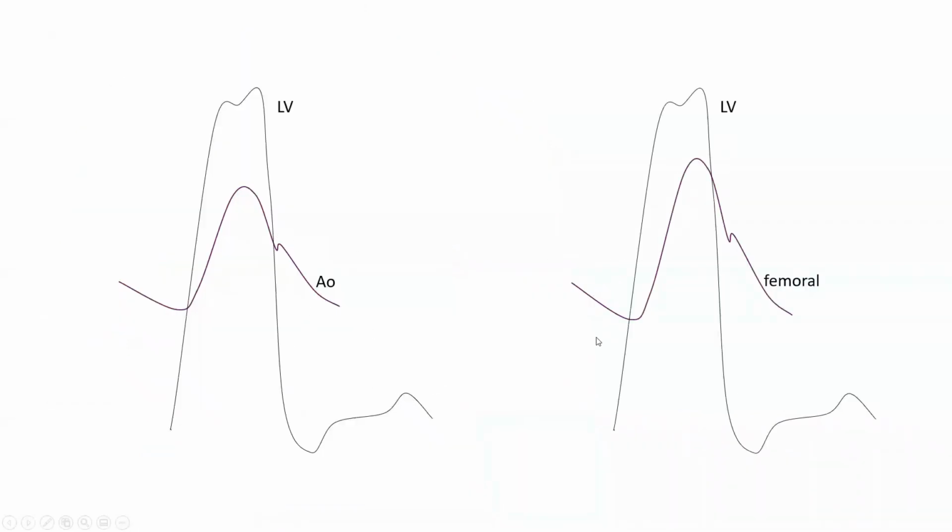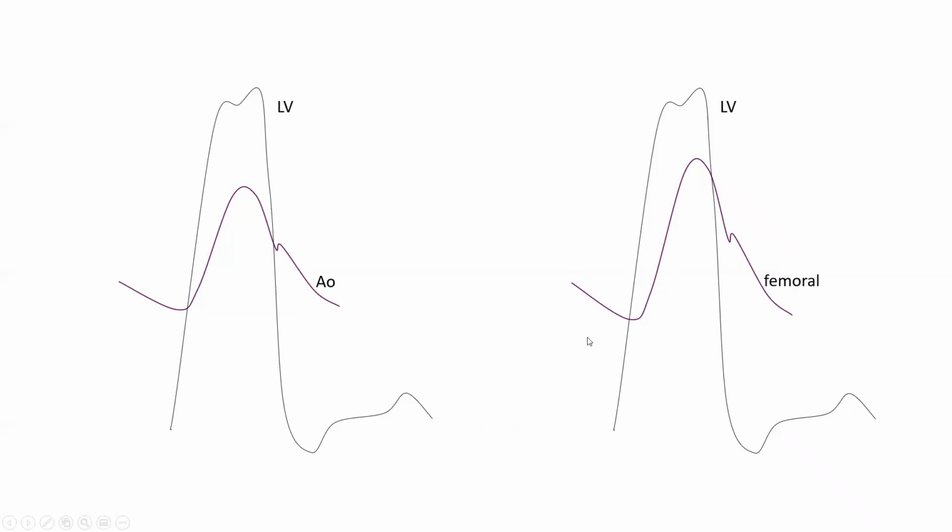The femoral artery pressure is often amplified compared to the aortic pressure. There is what we call this phenomenon of peripheral systolic amplification. This is more likely to be seen in the case of high flow state, severe aortic insufficiency, and in young patients.